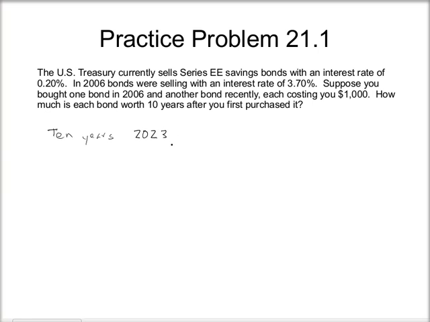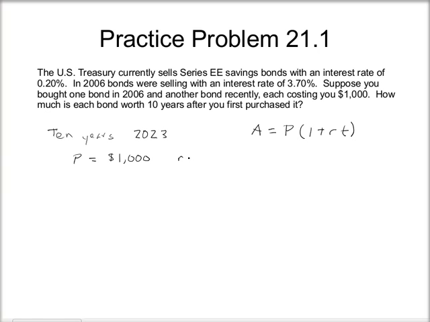And to find out how much the bond you just bought will be worth, we're going to use the formula: the amount is equal to principal times 1 plus your interest rate times the amount of time you have the bond. So here our principal is, we bought a $1,000 savings bond, so my principal is $1,000.